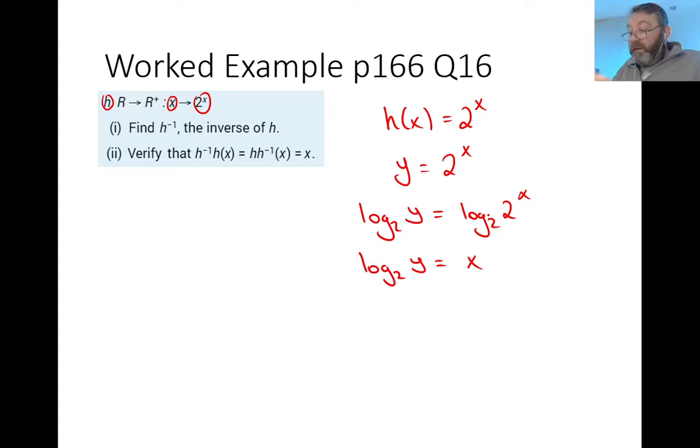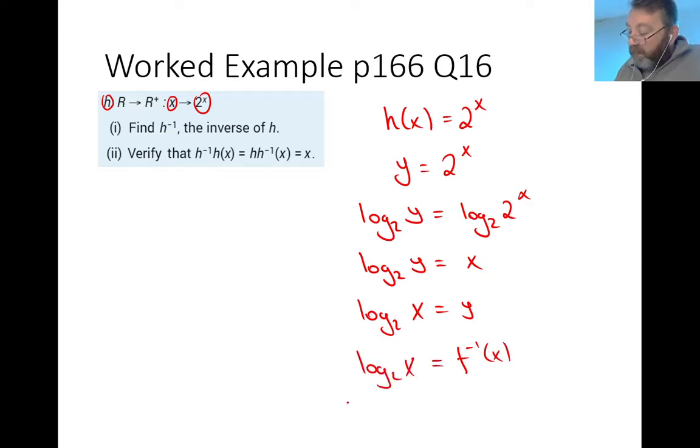Okay, that's my manipulation taken care of. That's step 1. Step 2, change positions of x and y. Log to the base 2 of x equals y. And the final thing to do then is to replace your y with h minus 1 of x. And that is your inverse function.